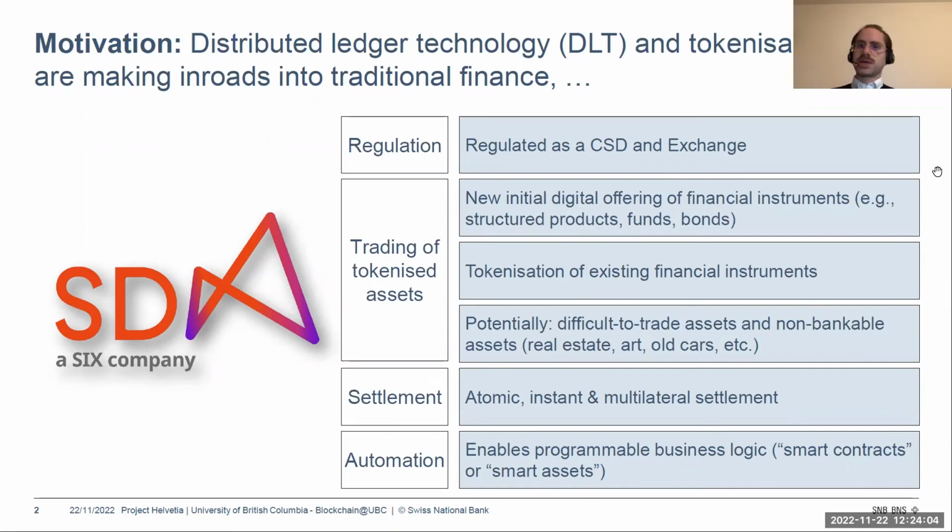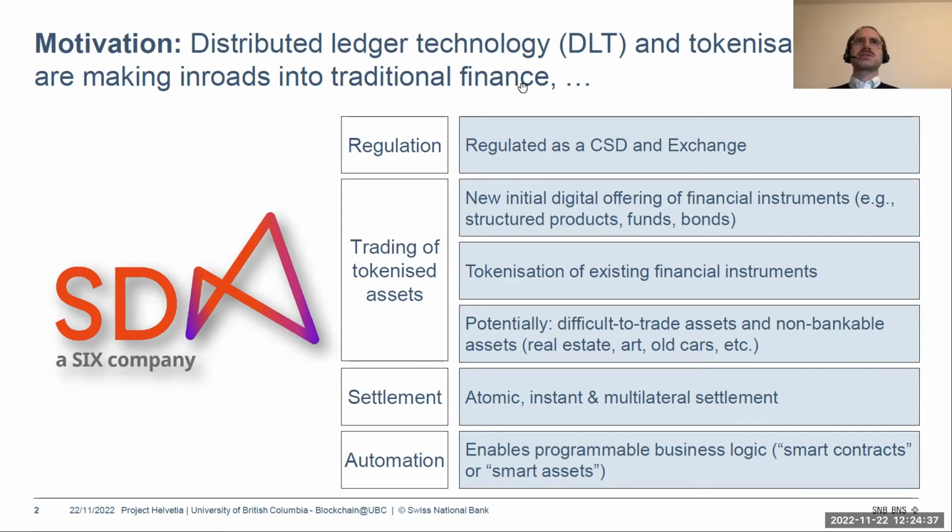They wanted to offer financial instruments based on this new technology, so trade and settle tokenized assets. The settlement that they do offer since fall last year, when they went live, is atomic and instant, and it is multilateral.